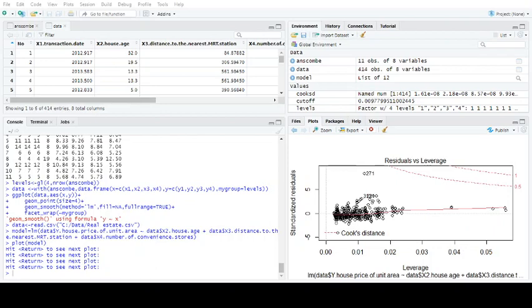Now, formal definitions of outliers, there are several. They say if the Cook's D is 3 times the mean, or 4 divided by n, where n is the number of observations you're looking at, or any value over 1, you should start to think whether it's an outlier.